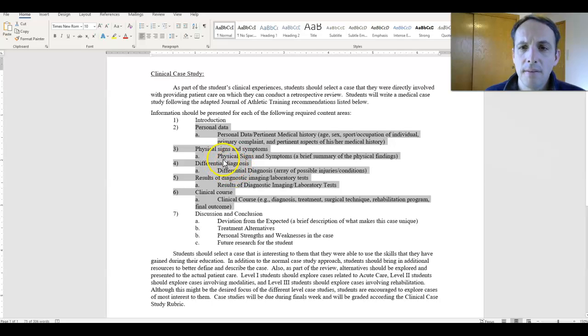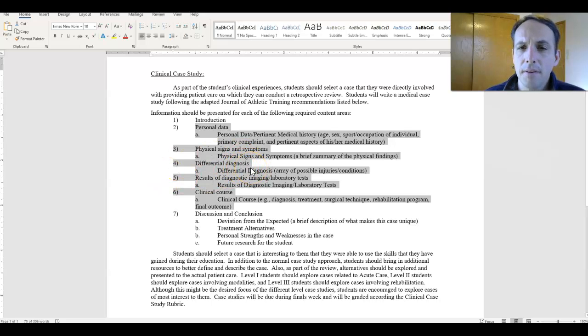And in fact, some of that differential diagnosis might make their way into things like treatment alternatives, where you might just list the different types of treatments you might do, because that's what you're diagnosing. You're diagnosing an ankle sprain with the possibility of needing a closed basket weave versus maybe a larger tape job with something like a subtalar sling. All right, and so that can be your differential diagnosis in there.